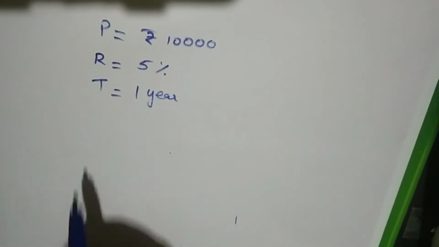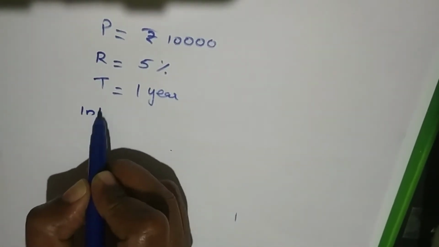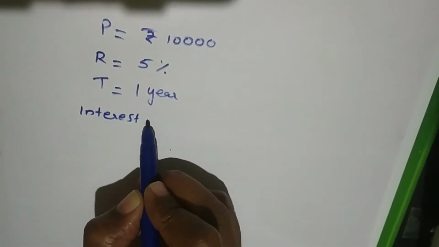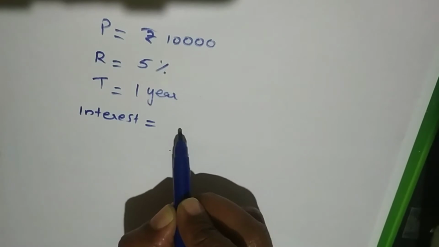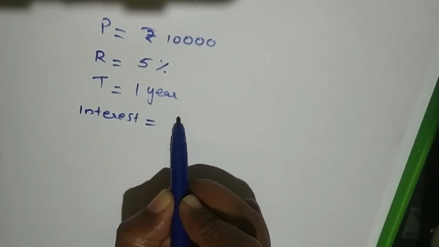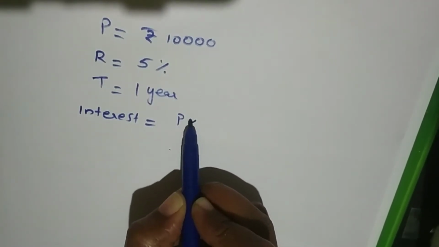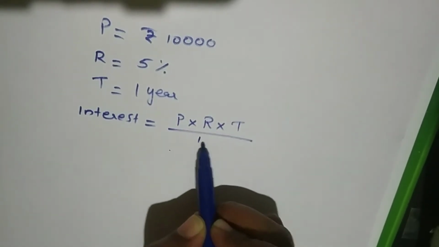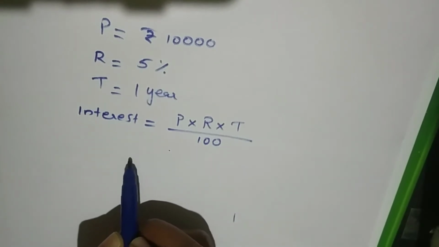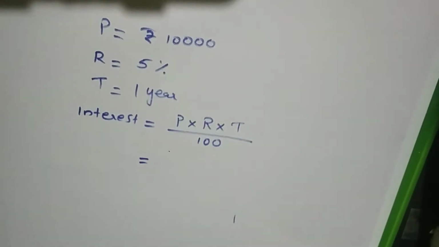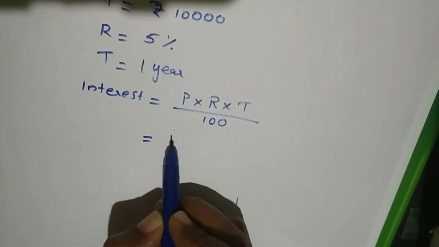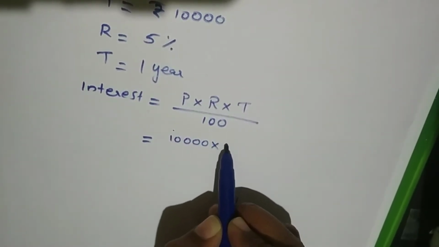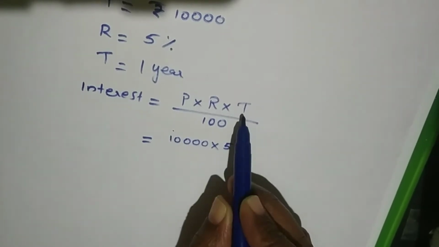Now we want to know how much is the interest. So the equation is interest is equal to principal into rate into time whole by 100. Then 10,000, rate 5%, 5 times, time 1 year.